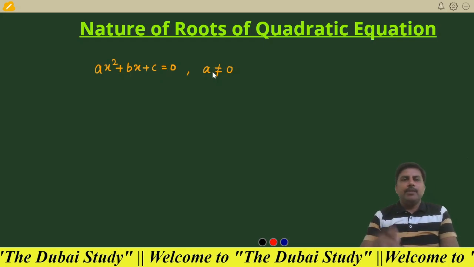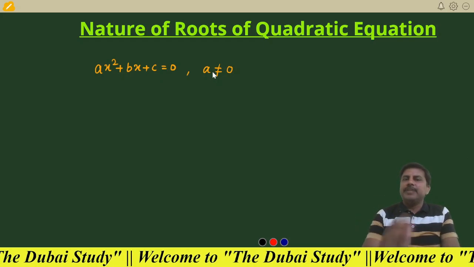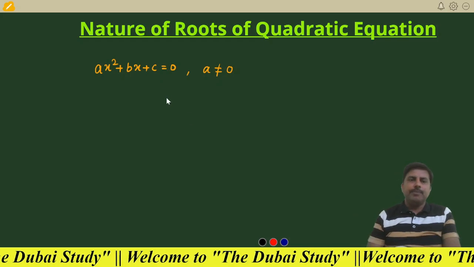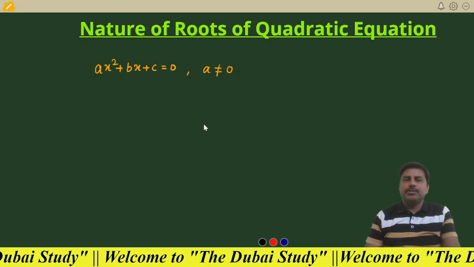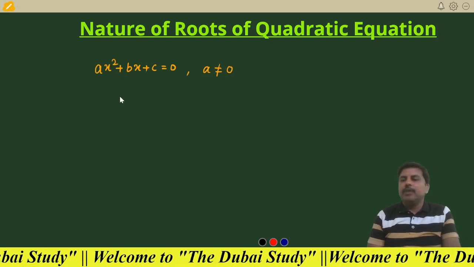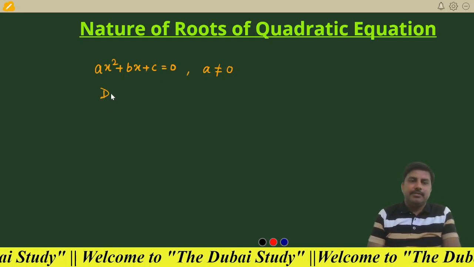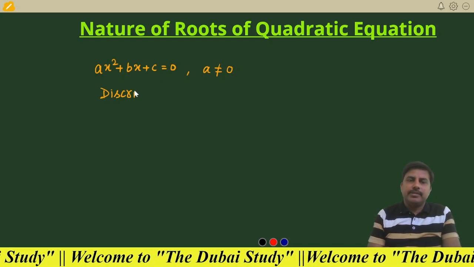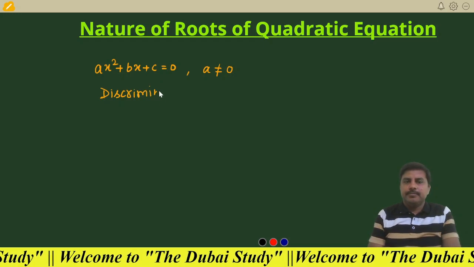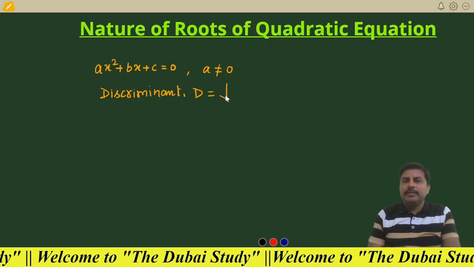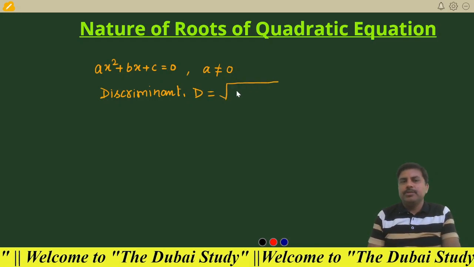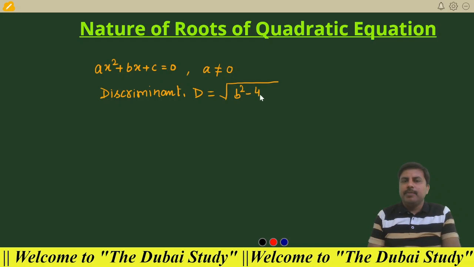Here I'll be discussing the nature of roots of the quadratic equation. For getting the nature of the roots, first of all we find its discriminant. That is represented by D, and this is equal to b square minus 4ac.